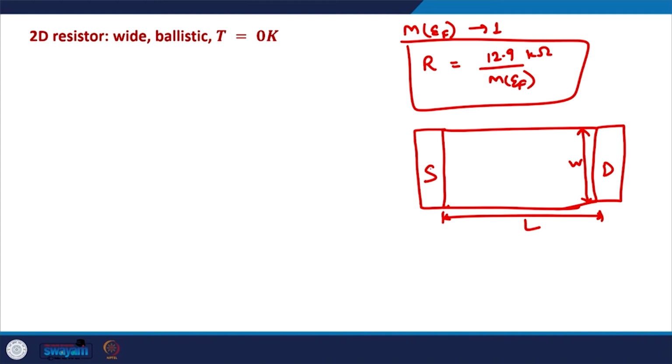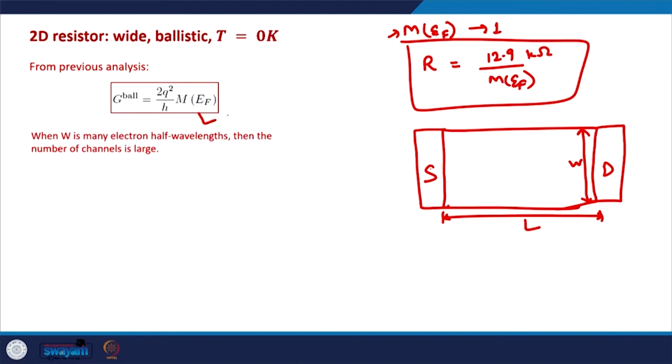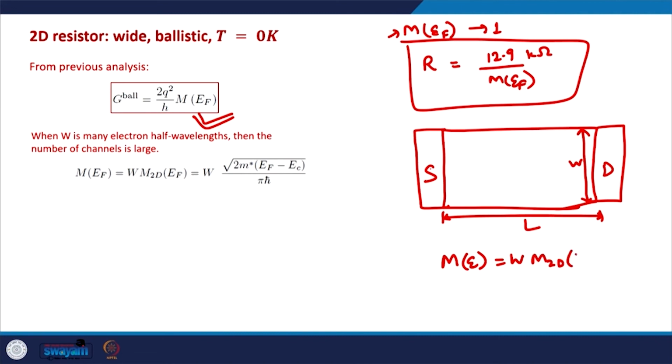One way is to use the expression for modes, which we have already derived in our previous discussions. This is the expression for the conductance that we just saw, and the number of modes for a 2D conductor, M(E), is W times M2D(E), which is W times square root of 2 m star (E minus Ec) divided by pi h bar.